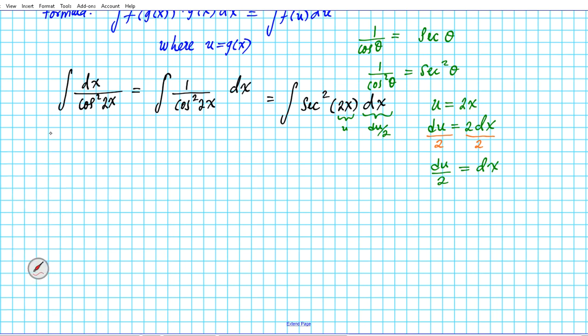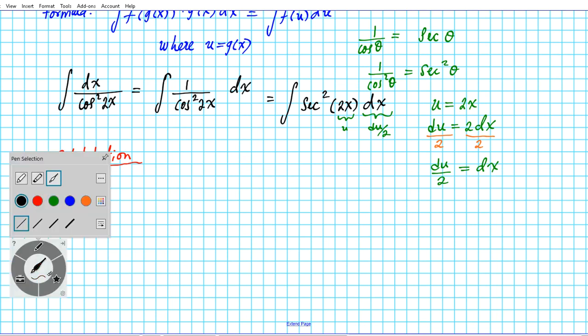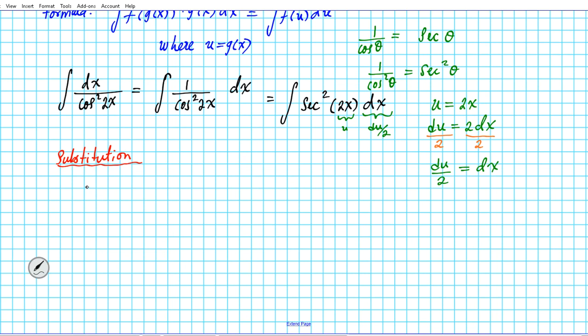Now, what are we going to do? We're now going to carry out the substitution step. The substitution step is as follows. We're going to rewrite the integral as the integral of secant square, not 2x, but secant square u, and then replace the dx with du over 2.